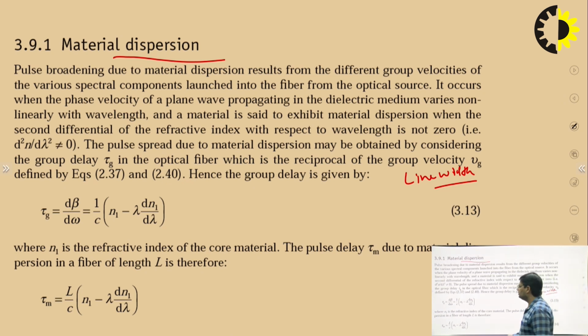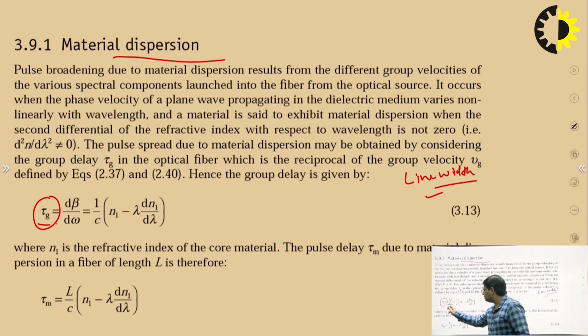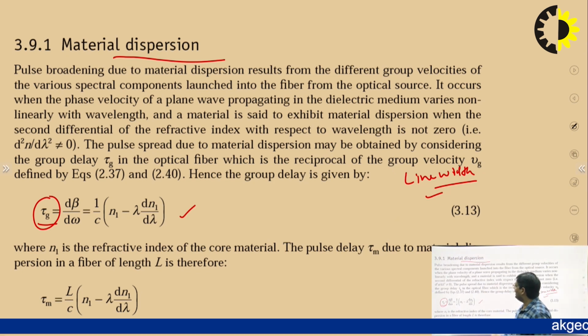That results in a propagation delay difference, denoted here as group delay, tau g. So the group delay among the spectral components of the same mode is denoted by this. As we have to calculate the material dispersion, this is the group delay because of the material of the fiber, after traveling a length of L kilometers.